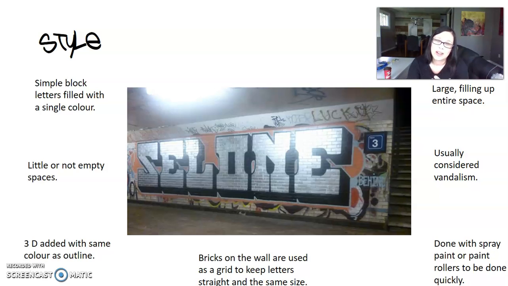If there are any hollows, they're filled in through the 3D. The 3D is added, and usually it's the same color as the outline. When you're painting something really big, to keep all your letters the same size and straight, usually they use the bricks on the wall as a grid. You want to fill up the entire space. It's considered vandalism, and it's done with spray paint or paint rollers to be done quickly.